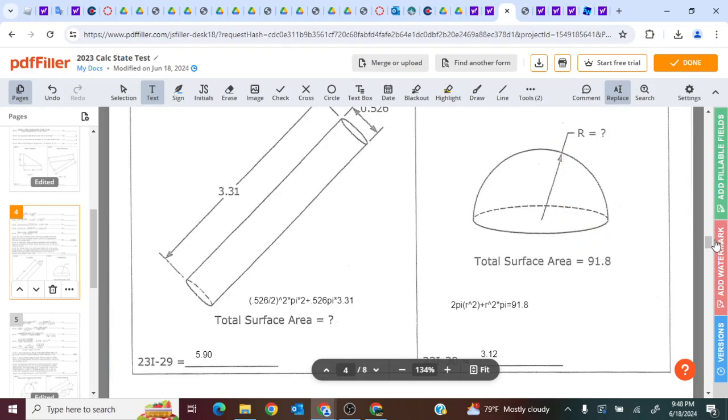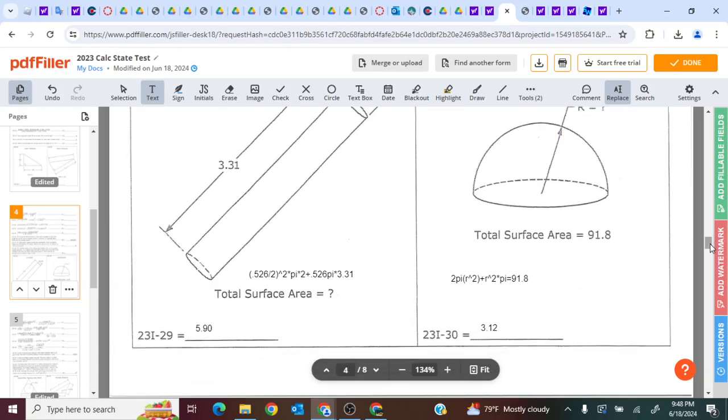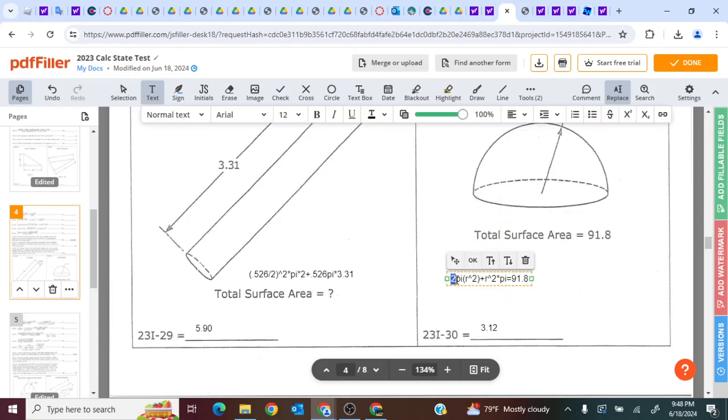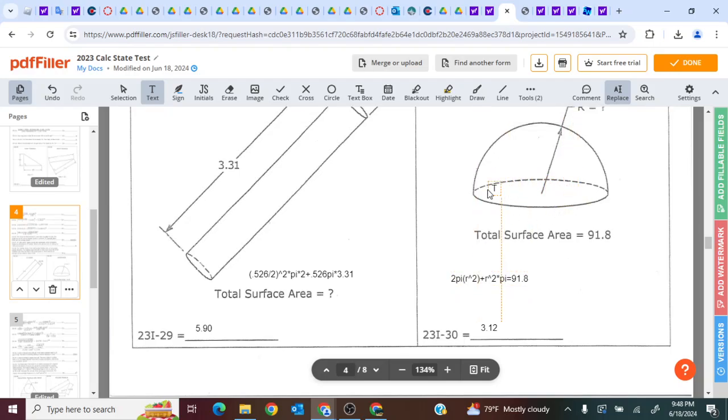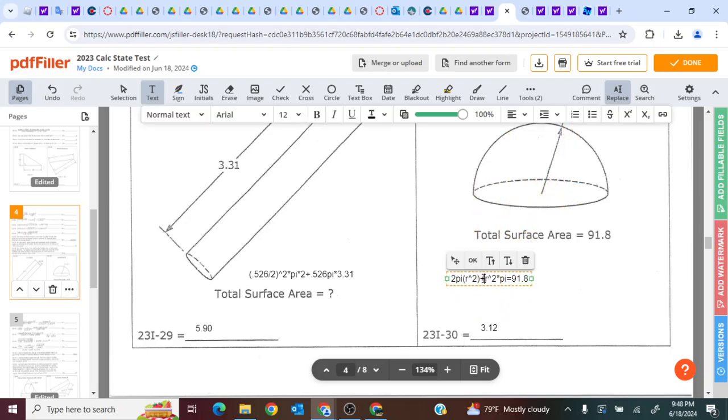The surface area of a sphere is 4 pi r squared, but this is half a sphere, so you only multiply by 2: 2 pi r squared. And then you also have this circle down here that contributes to the surface area, so r squared times pi. If you add those together, they have to be 71.8. Put that in EQ solver, and you will get 3.12.